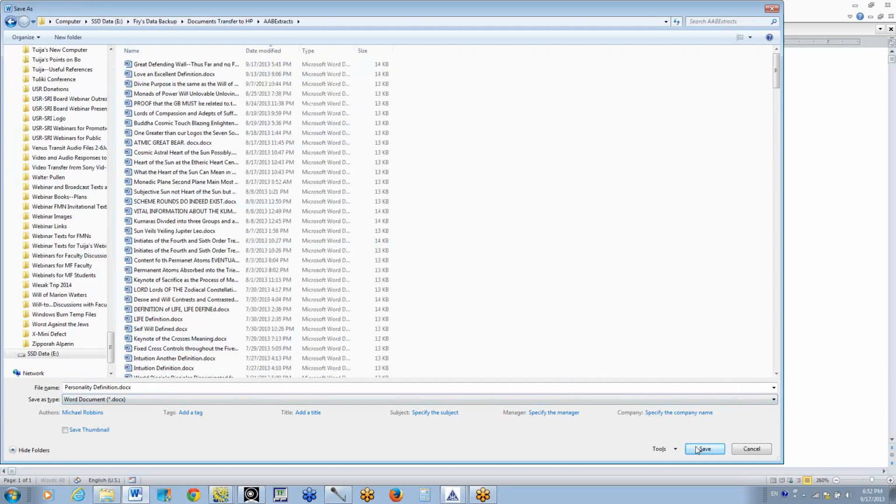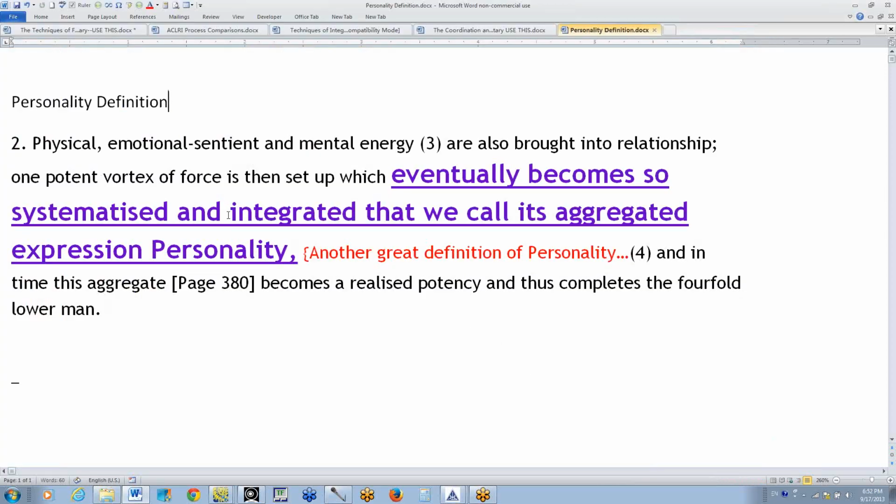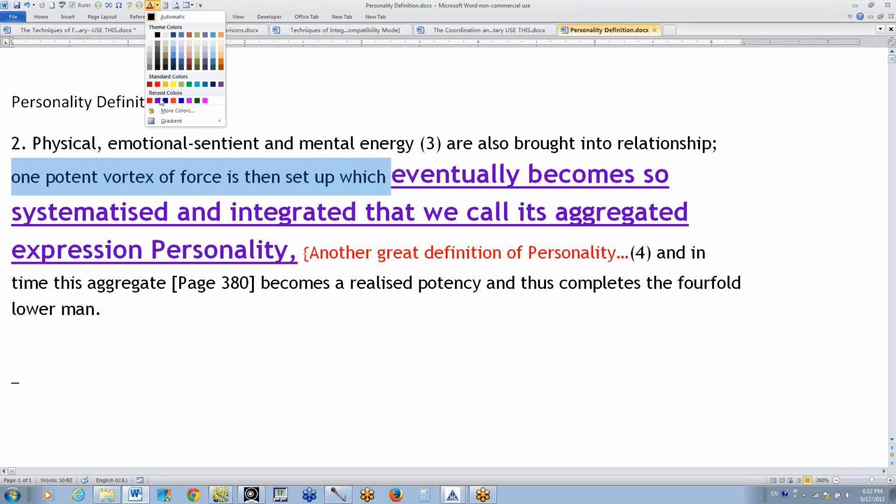Personality definition. Right, physical, emotional, sentient, and mental energy, three of them together, are also brought into relationship. One potent vortex of force is then set up, which eventually becomes so systematized, coordinated, organized, and integrated that we call its aggregated expression personality.